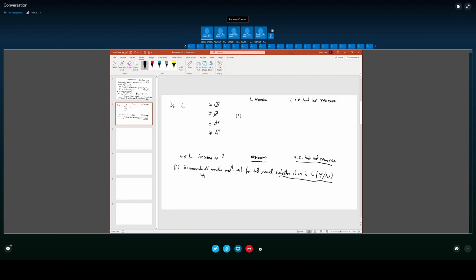And if it says no, then I just go on to the next word, W2, and I do the same thing. And if it still says no, it's not in the language, I go to the third word, and so on and so forth, until I find a word Wi in the language, at which point I will say it is not empty. Now, what if I don't find a Wi in L?